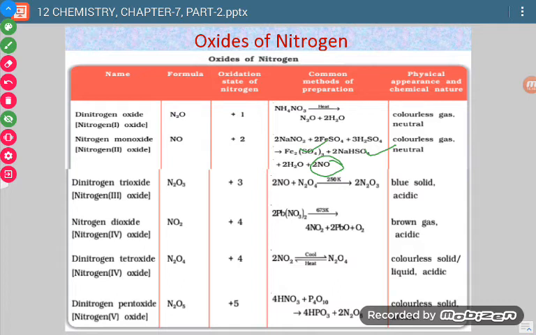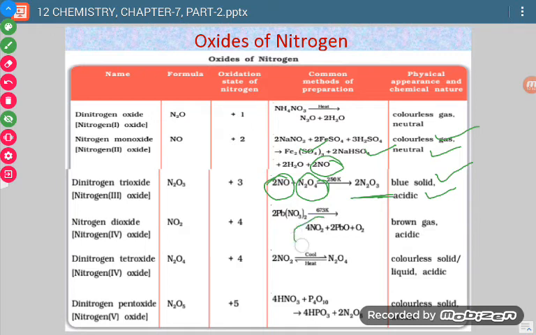This is also a colorless gas and it is also neutral in nature. Now if we have to prepare N2O3, nitric oxide and the dimer of nitrogen dioxide are mixed, which form dinitrogen trioxide, and this is a blue solid and its nature is acidic, okay.